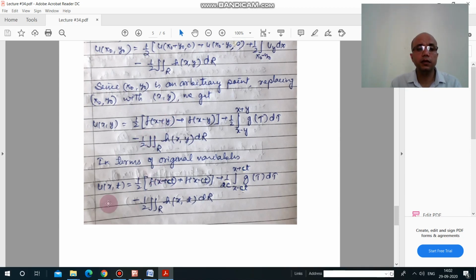Then you get u(x,t) equal to half of [f(x plus ct) plus f(x minus ct)] plus 1 over 2c times the integral from x minus ct to x plus ct of g(tau) d tau. This is the solution of the non-homogeneous wave equation.